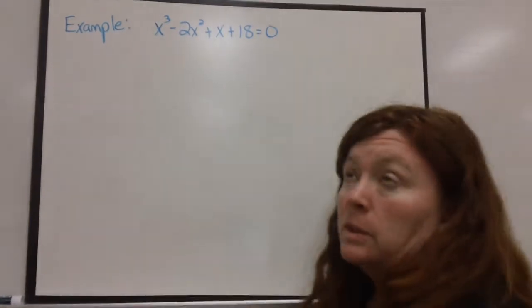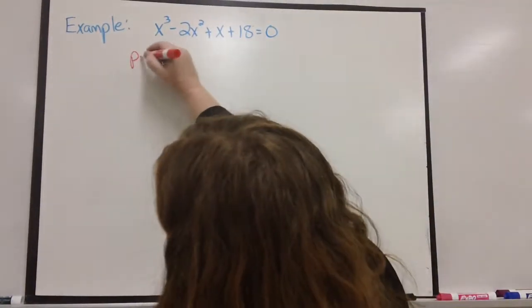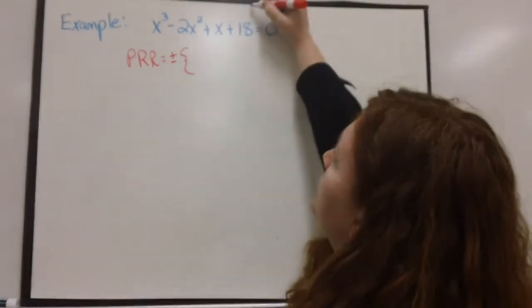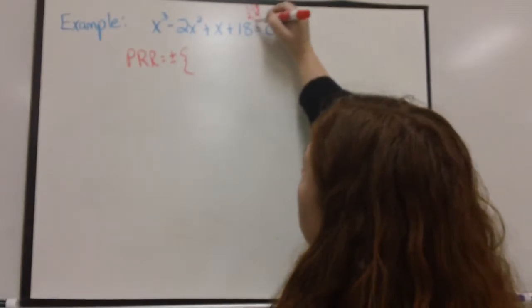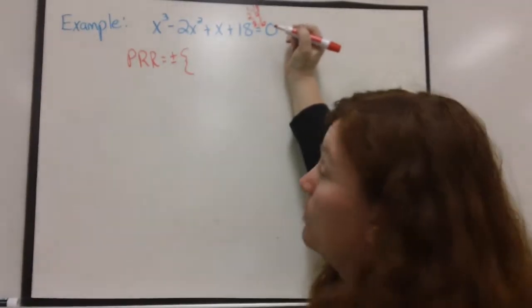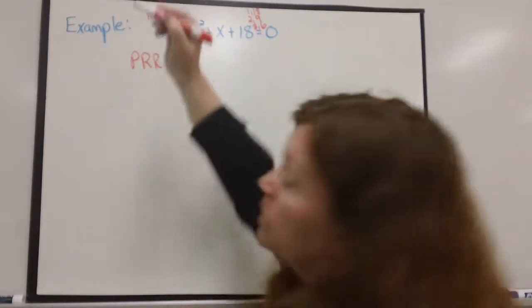Find the roots. All right, step 1, possible rational roots. The factors of 18: 1 times 18, 2 times 9, and 3 times 6. The factors of the leading coefficient are 1 and 1, or just 1.